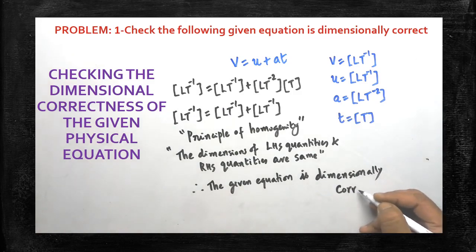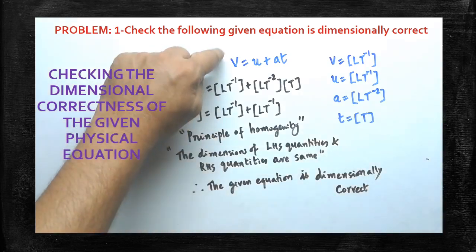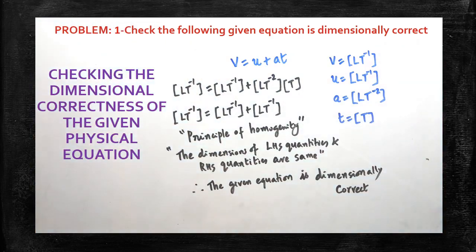This is the conclusion. As per dimensional analysis, this given equation is dimensionally correct. So this kind of conclusion must be written at the end. So this is the method called checking the equation by using dimensional analysis. We have checked whether the equation is correct or not by using dimensional analysis.